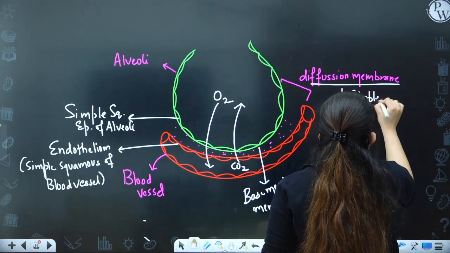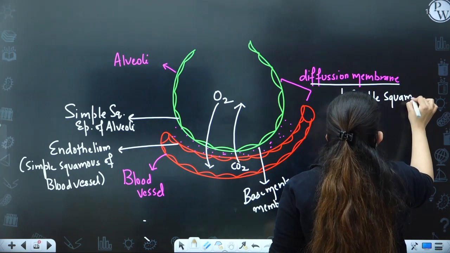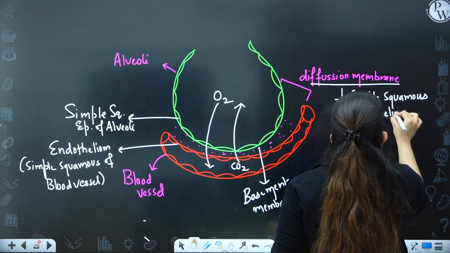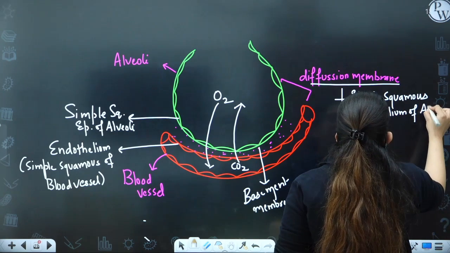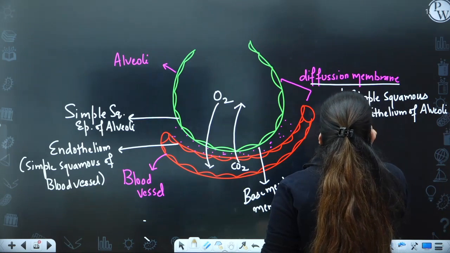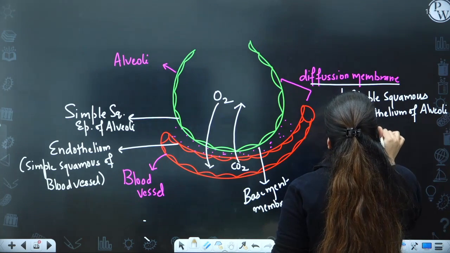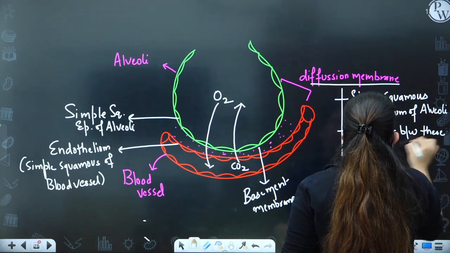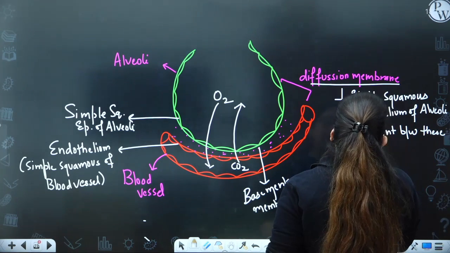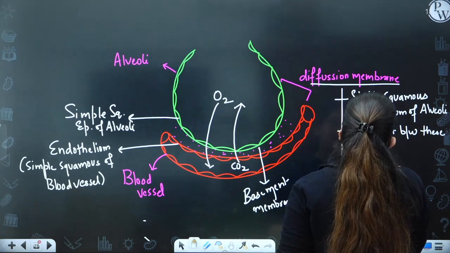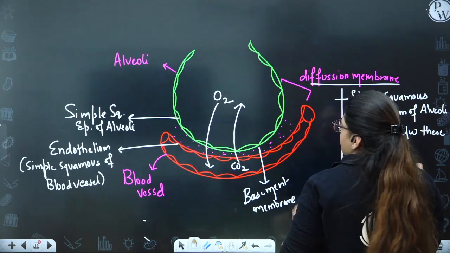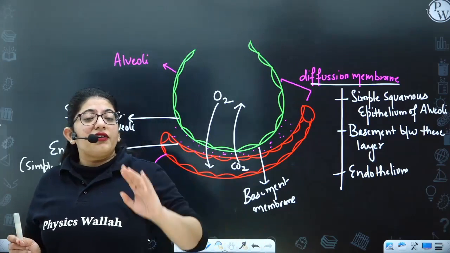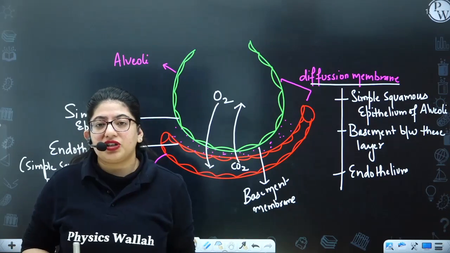Simple squamous epithelium of alveoli, basement membrane between these layers, and endothelium. And this basement membrane is very thin, because you can't make it thick. If it is thick, it will be very difficult for the exchange of gases.